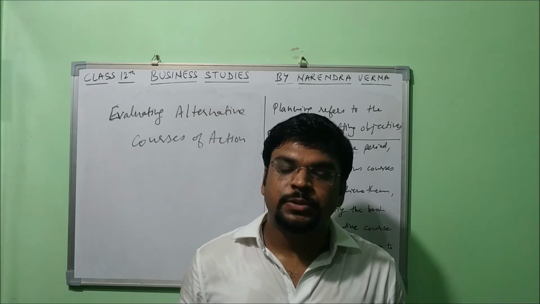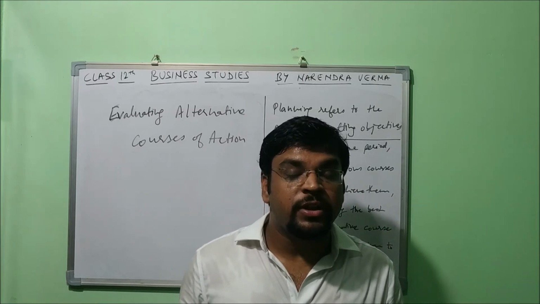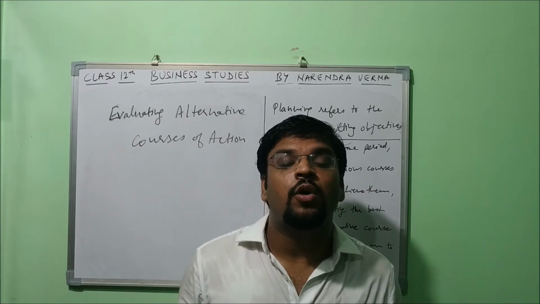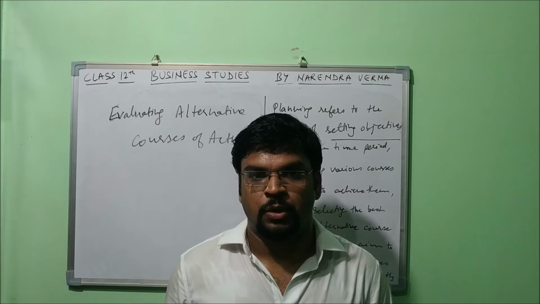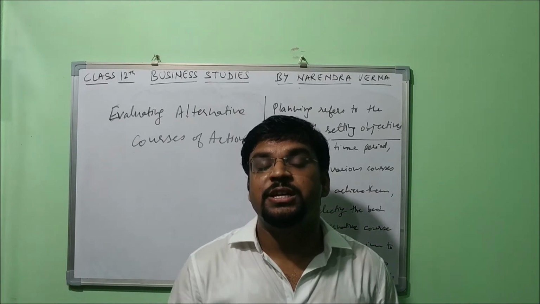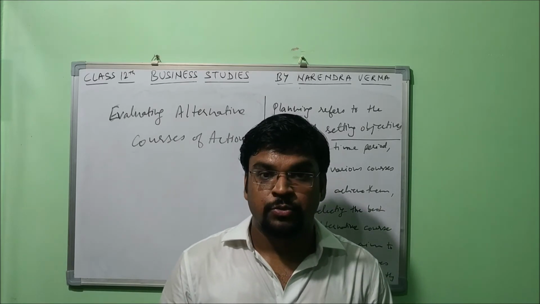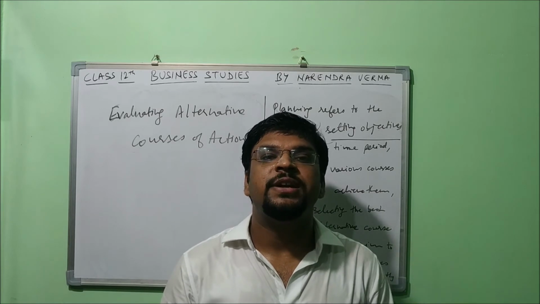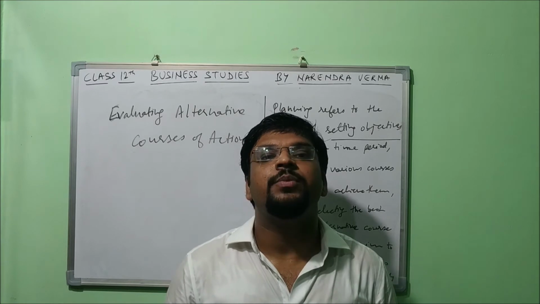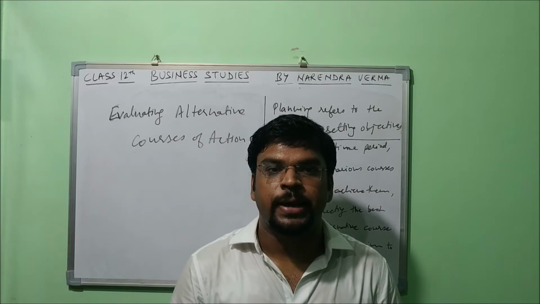It may be possible that one option is very good but the company is small and cannot afford it from the cost point of view. Another option is very good for a particular company but it cannot adopt it because it is not technically viable for that company. So on the ground of viability and feasibility, it has to be evaluated whether the company is in a position to adopt this particular option or not.